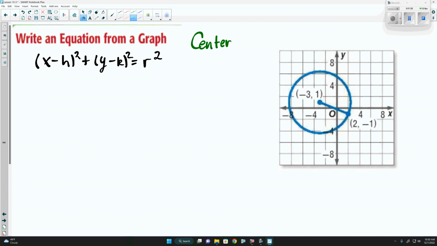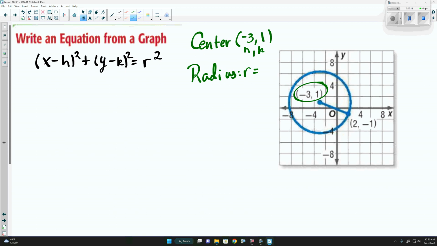Now the center of the circle is the point h comma k. And if we know what the radius is, we can find it here. Now they did give us the center of the circle in the graph. The center of the circle is the point -3, 1.